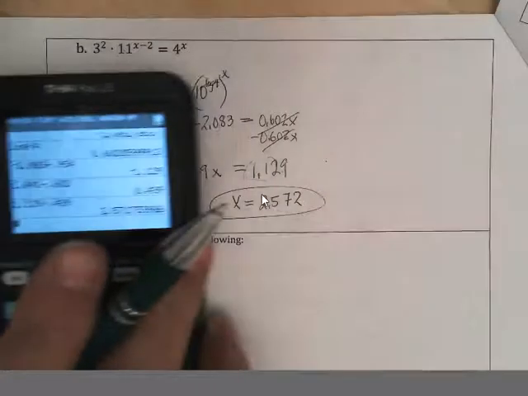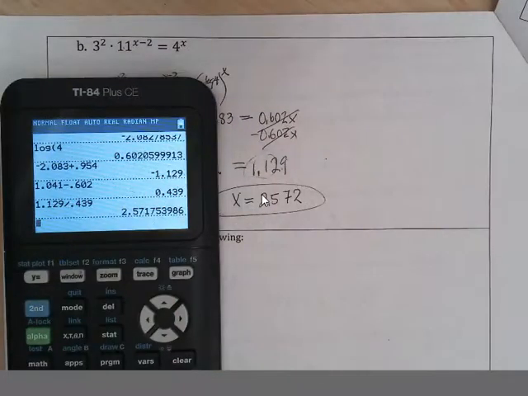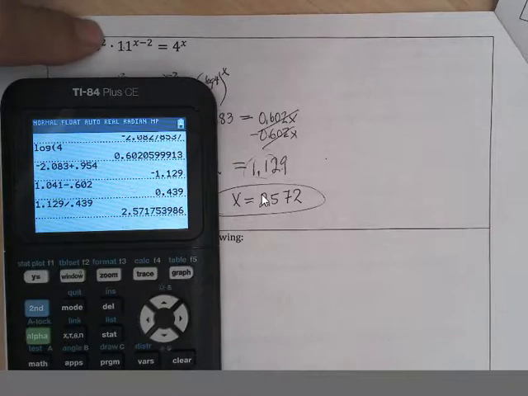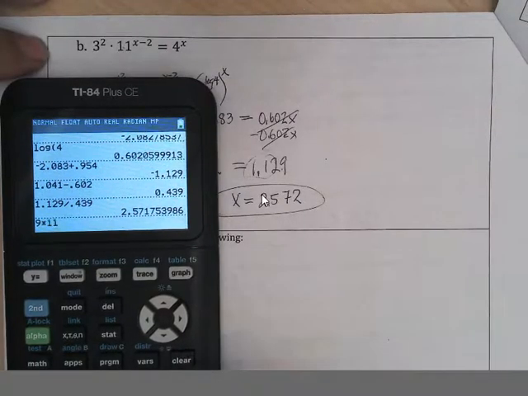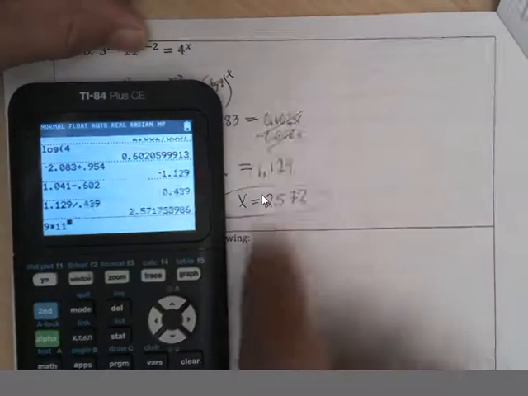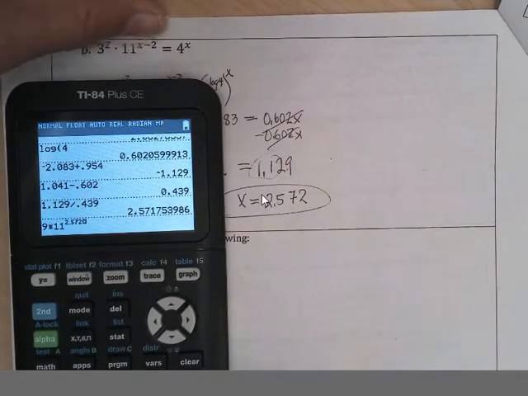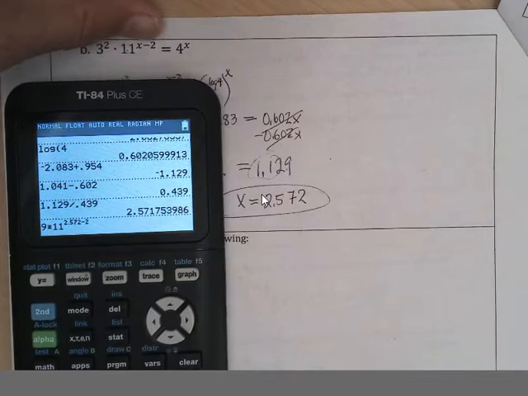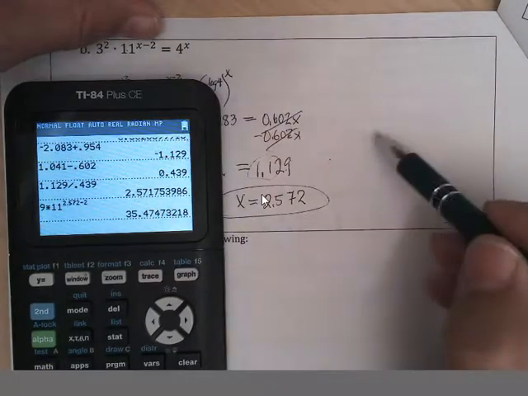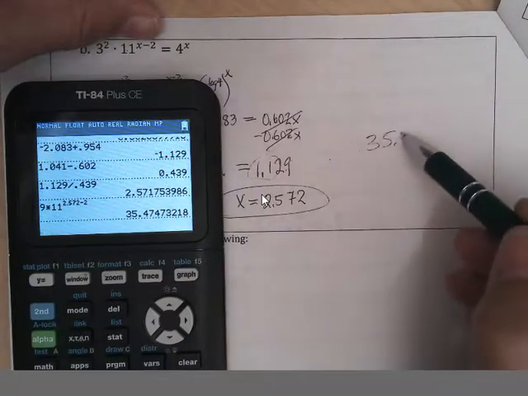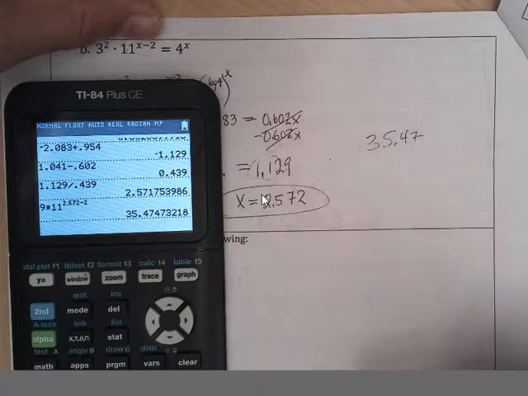I will do a check. So I'm going to type in 3 squared is 9 times 11 to the 2.572 minus 2. And I get 35.47-ish.